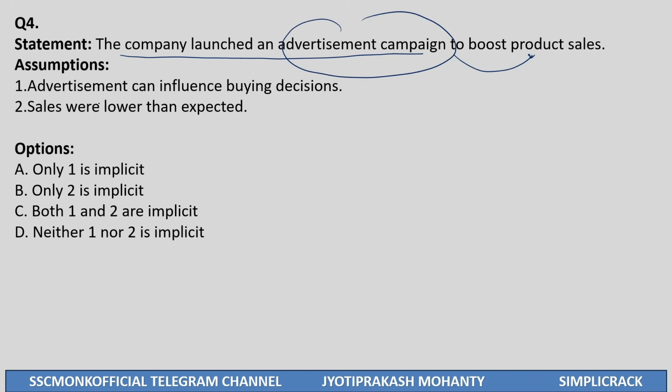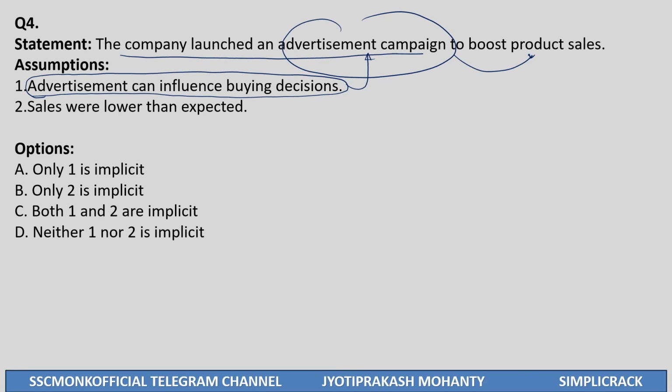Now, the first thing is that advertisement can influence buying decisions. That means when a customer sees an advertisement about the product, he can buy the product. So the advertisement creates some influence in the buying decision for that particular product. That means this assumption is supporting this statement because advertisement is helping in purchasing.